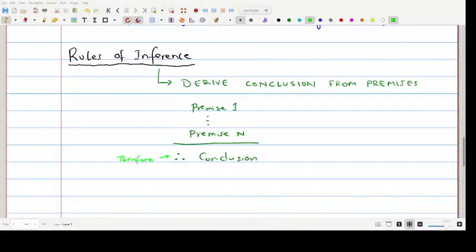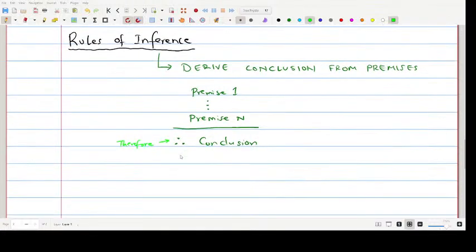Before moving on to identifying the rules of inference, this particular structure over here, premises and the conclusion, all of this together is called an argument.